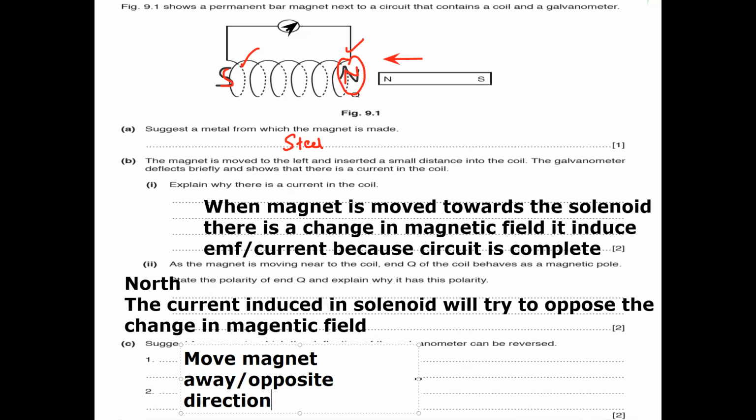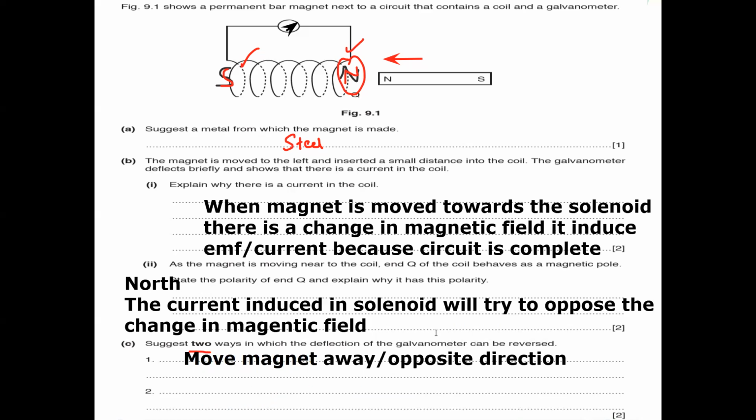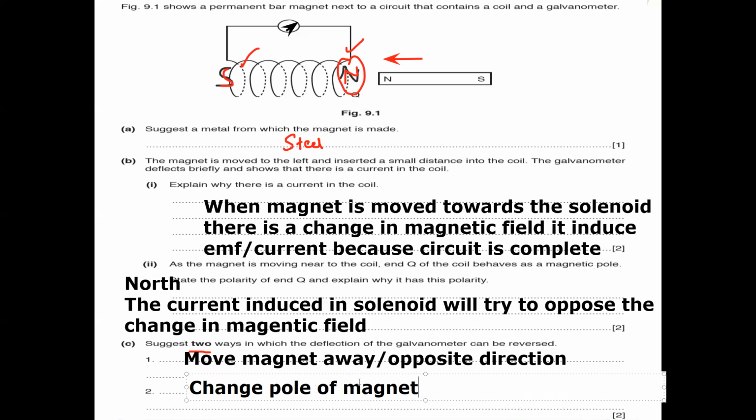And then we can change the pole of the magnet. Like first, north pole is facing the solenoid. Now the south pole should face the solenoid. And even if it is inserted, it will produce a current in the opposite direction.